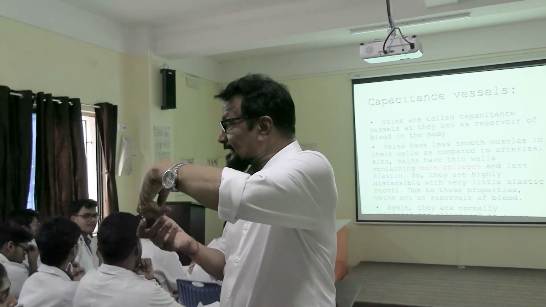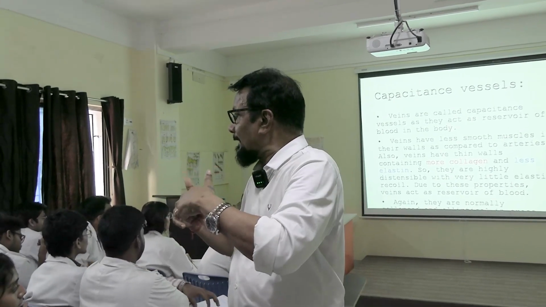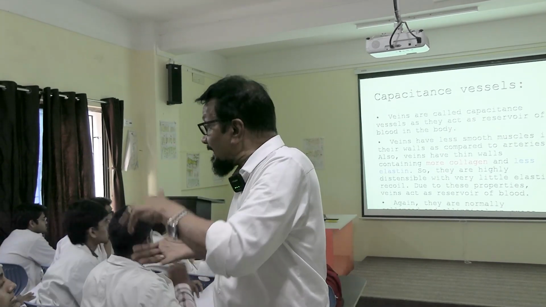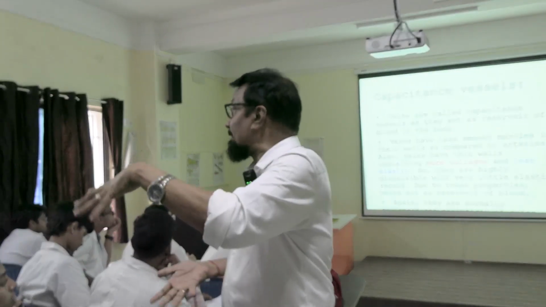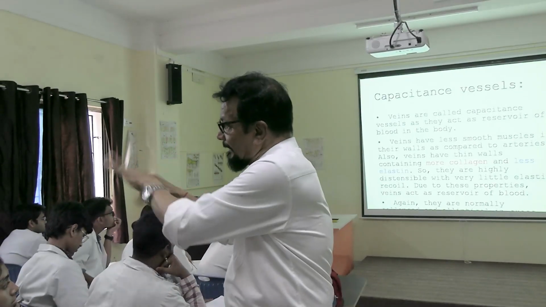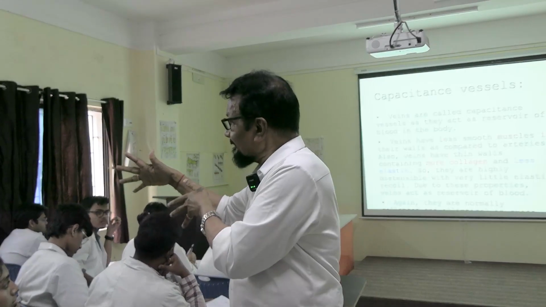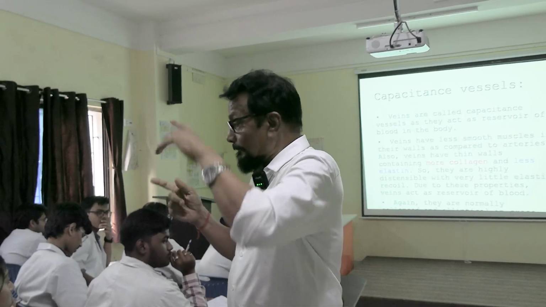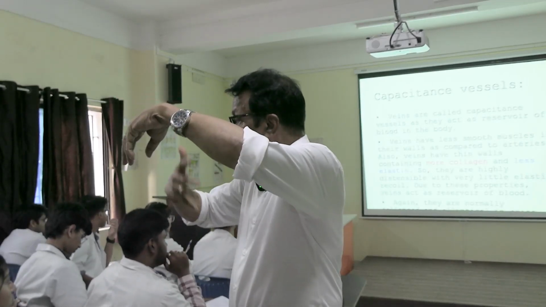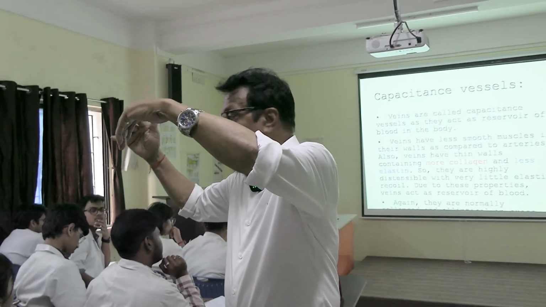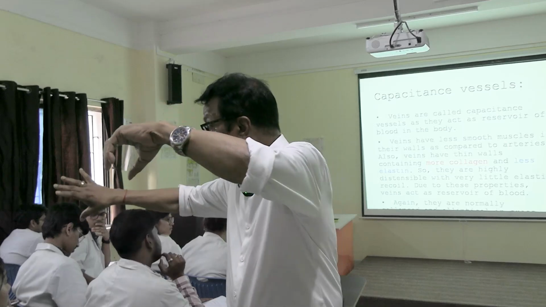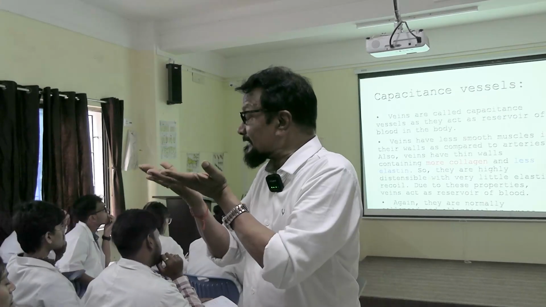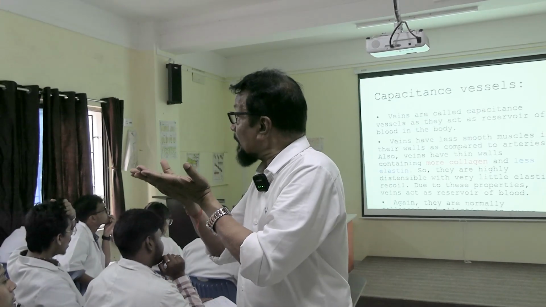These are some sort of reserve blood, so I can spare it. But some amount of blood is also lost from the arterial system, and the arterial system must have an adequate amount of blood.